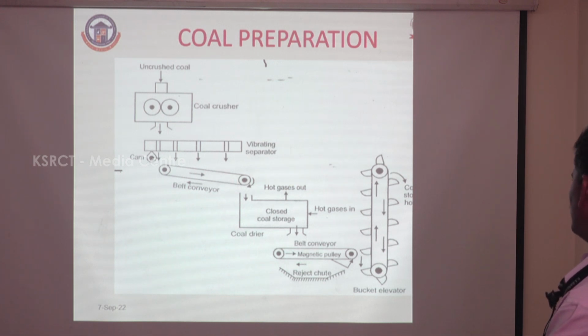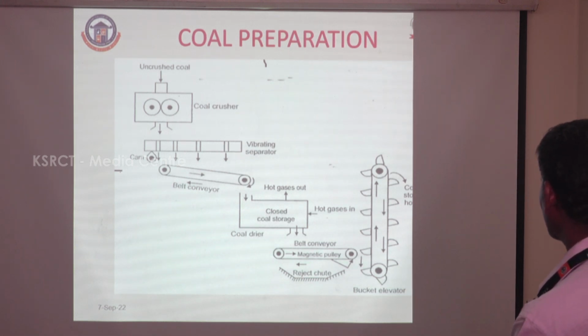At the bottom of the coal dryer unit, hot gas passes through the unit. So automatically the moisture content is removed, and only the dry coal is sent into the belt conveyor. This unit is called the coal dryer unit.